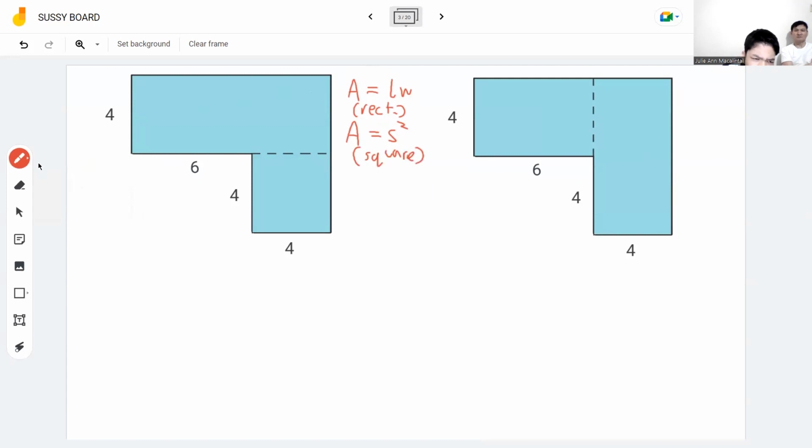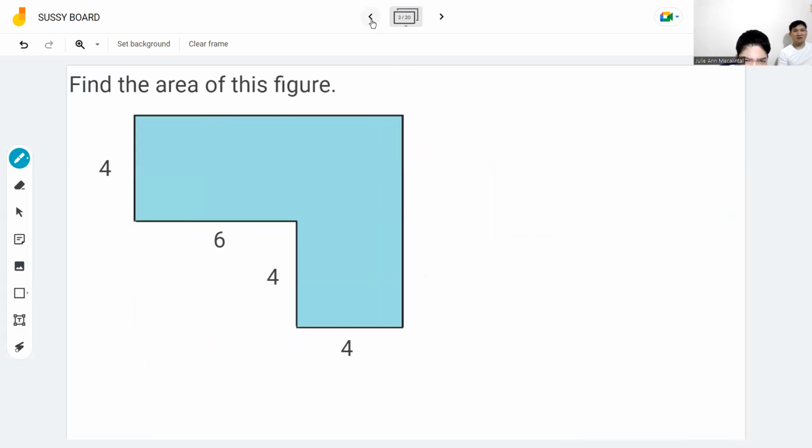So using this, can you solve for the area of that? Assuming all of those are right angles, this is also 4. So the rectangle has length 10 and width 4. Therefore the area is 4 times 10.